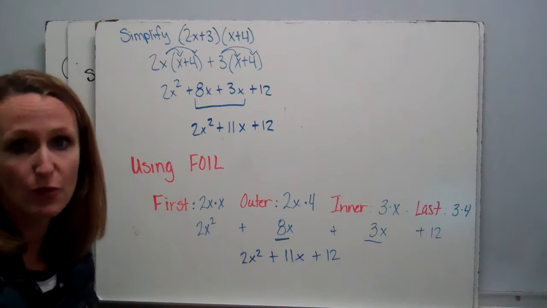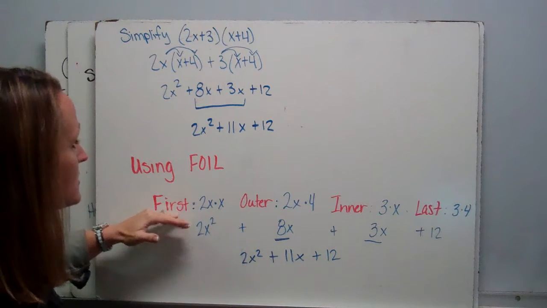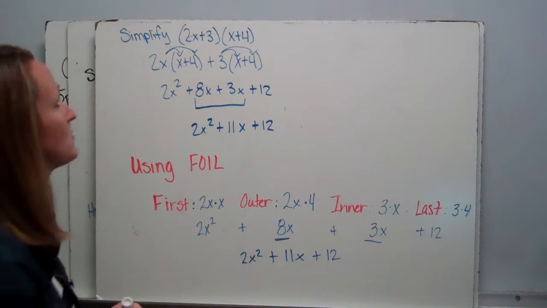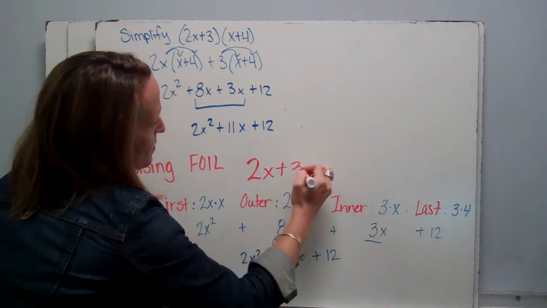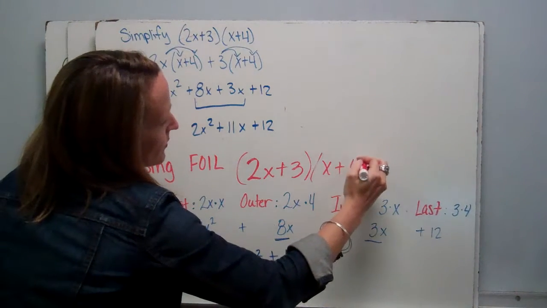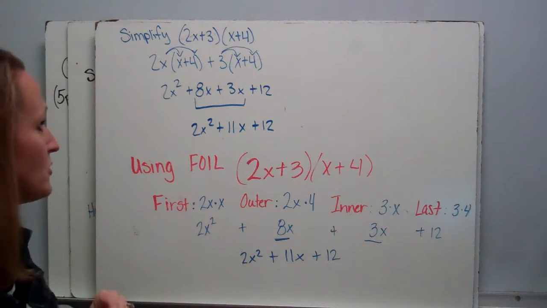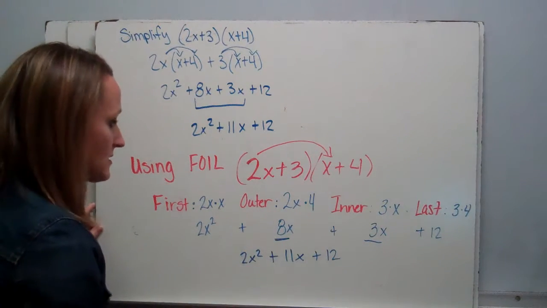Or we can use the FOIL method, which is my preferred method. We do first, 2x times x. Remember, this is what we're multiplying. Alright, so we do first, 2x times x.